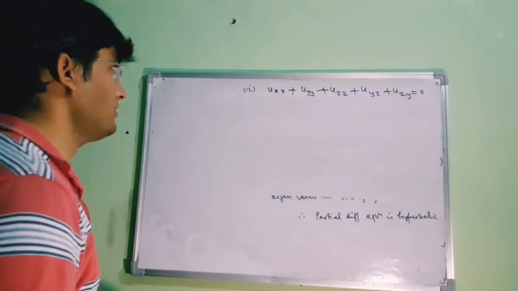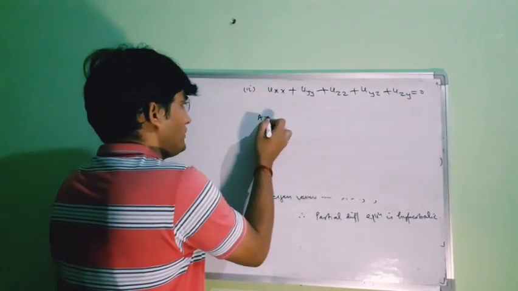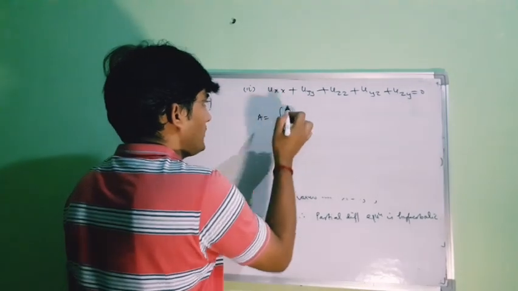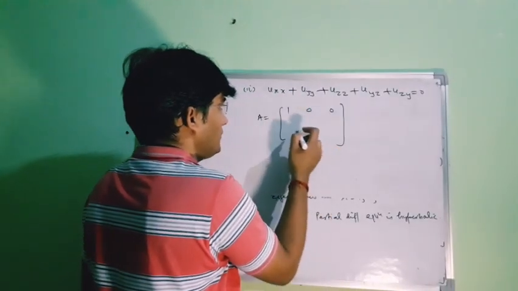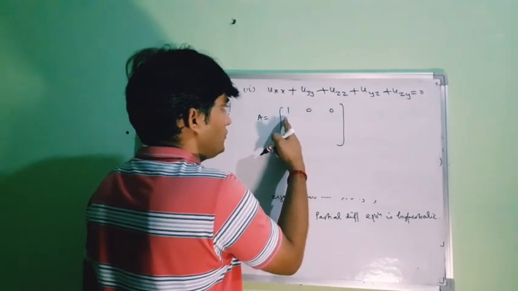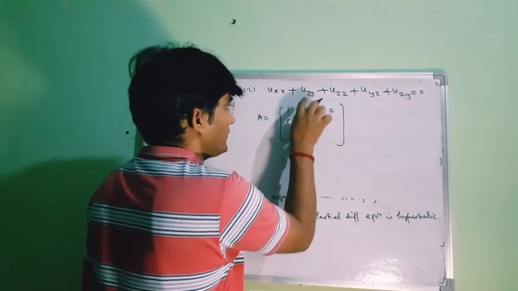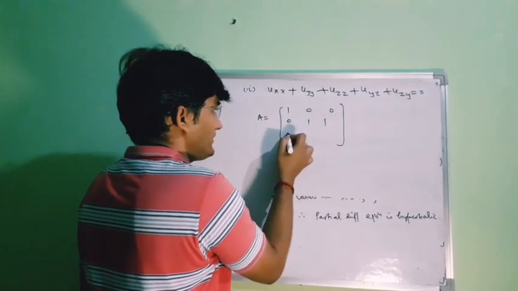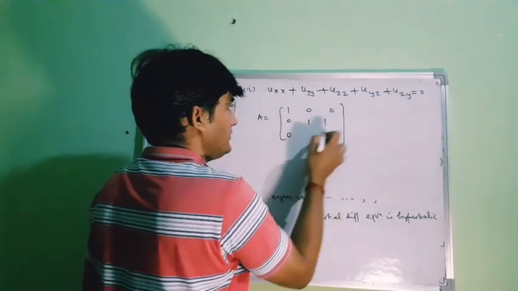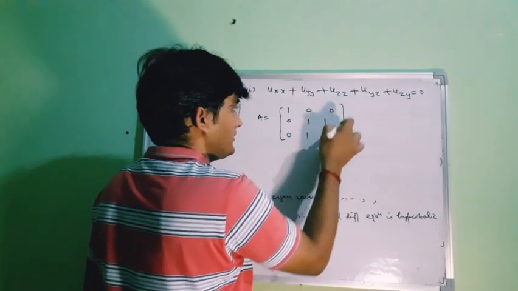So the coefficient matrix is: the coefficient of uxx is 1, uxy is 0, uxz is 0; uyx is 0, uyy is 1, uyz is 1; uzx is 0, uzy is 1 and uzz is 1.